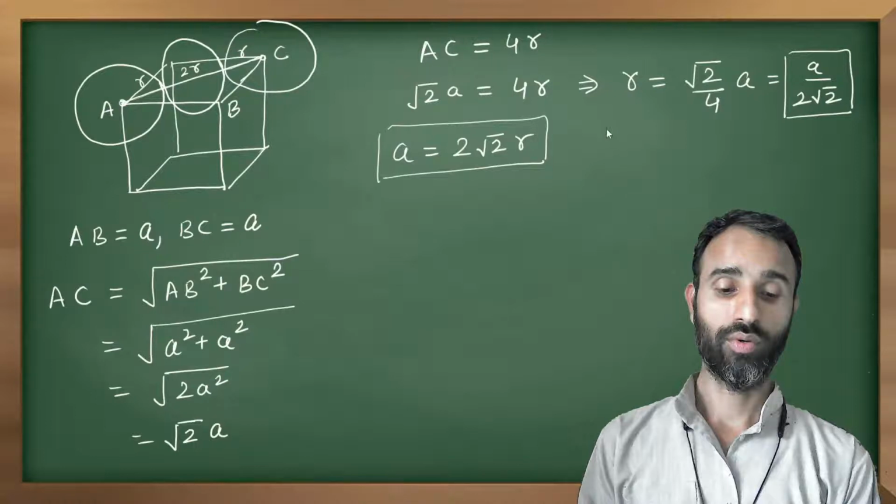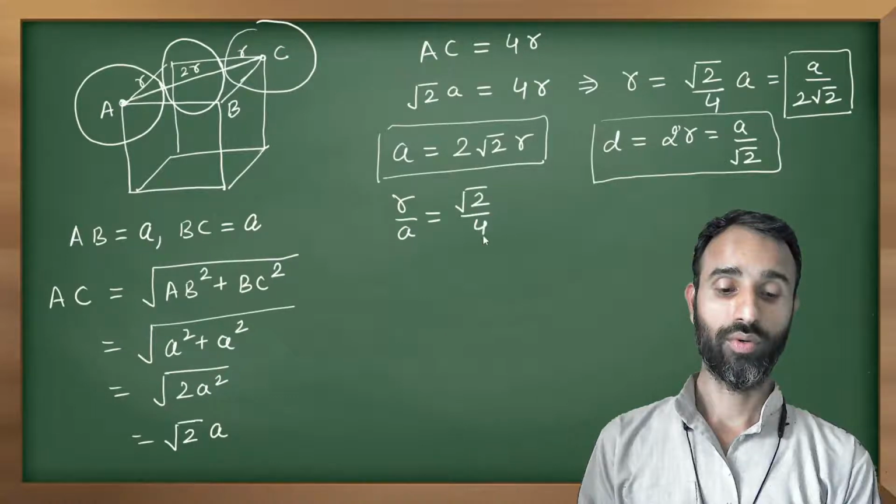Distance between nearest neighbor, take it as D. So that is equal to 2R, and that is A by root 2. Okay, so R upon A, that ratio is equal to root 2 by 4, or we can write 1 by 2 root 2.